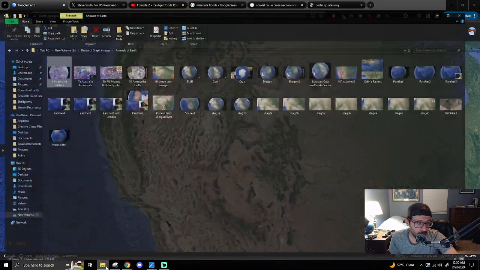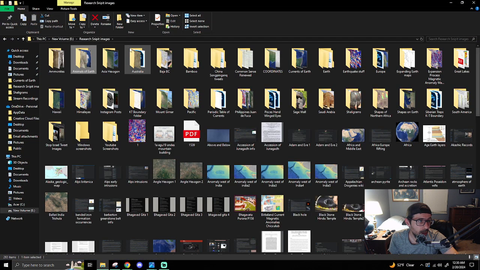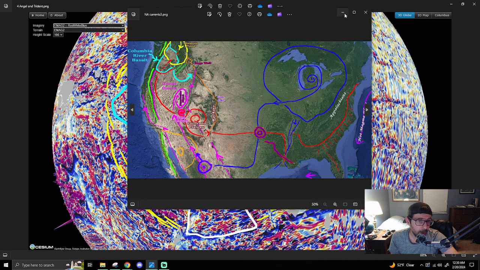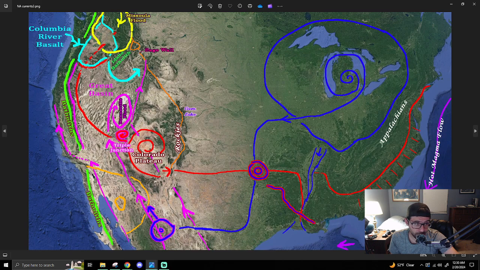So if we look at my, instead of me talking, if we just look at this, here's the Bonneville Flood. I have it going up this way and then bending, generally from currents over here, flowing into it.